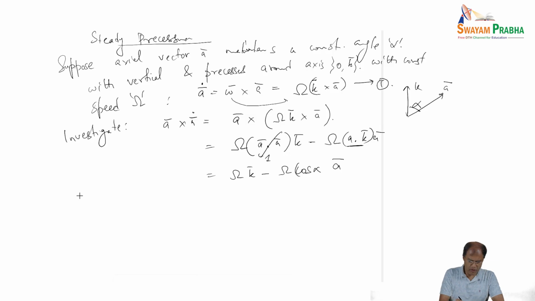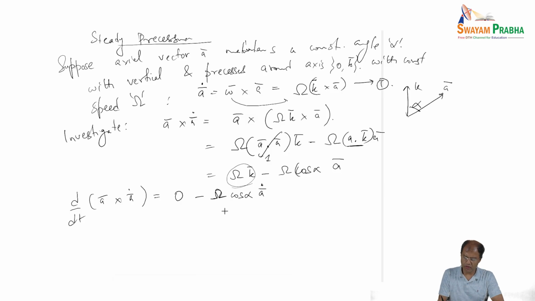So now if we were to differentiate this equation, d/dt of A cross A dot, then this is going to be omega cross A, so d/dt of omega K is 0, minus omega cos alpha A dot, right?